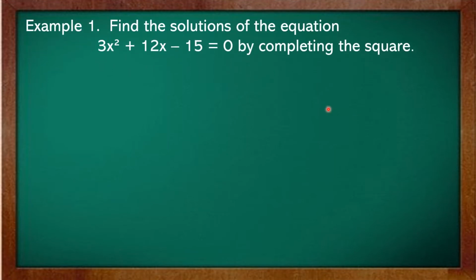So I will give you an example. Number 1. Find the solutions of the equation 3x squared plus 12x minus 15 equals 0 by completing the square.